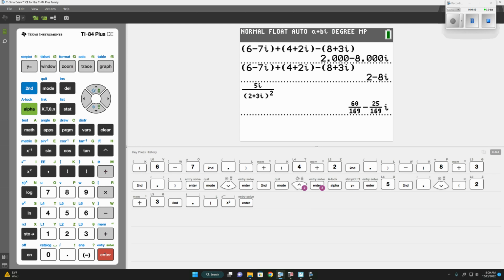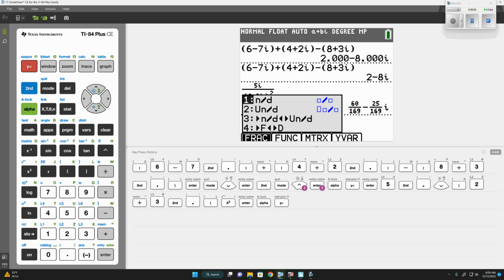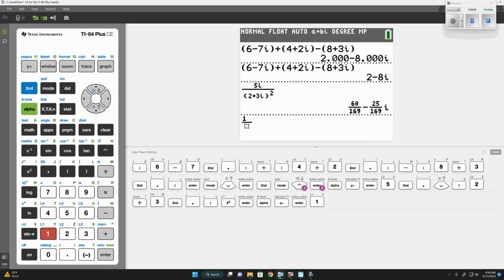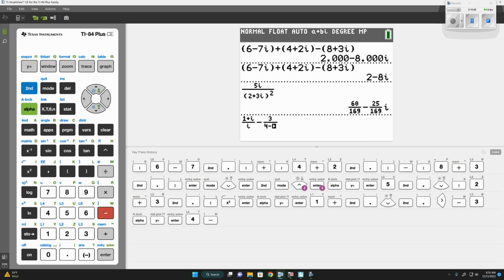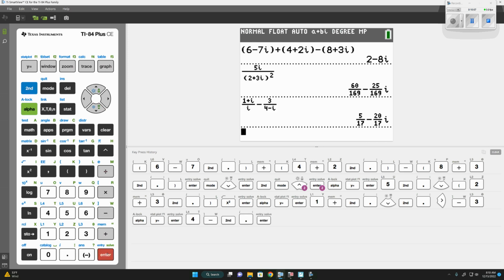That's it. We could also look at 19. 1 plus second i over i minus 3, alpha y equals enter, 4 minus i.